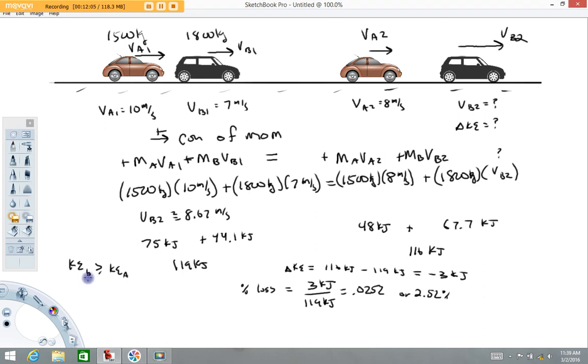I'm going to change this A and B to initial and final so as not to be confused with car A and B. So typically your initial kinetic energy will be greater than or equal to your final kinetic energy. And again, because there's usually loss. As far as the actual equality, in your homework you're looking for the word elastic. In reality, you're looking for impacts where the material is very, very hard and there's no permanent deforming of material.